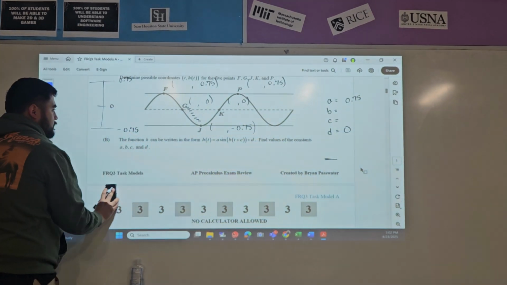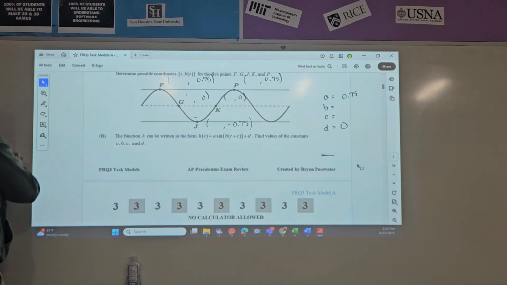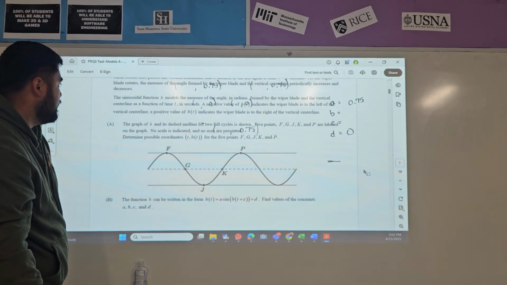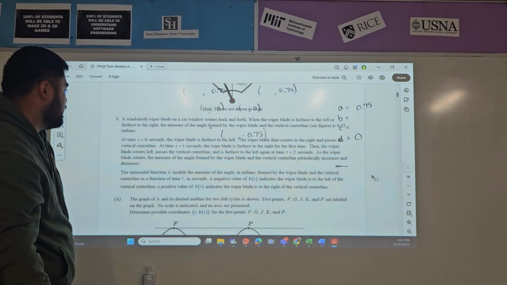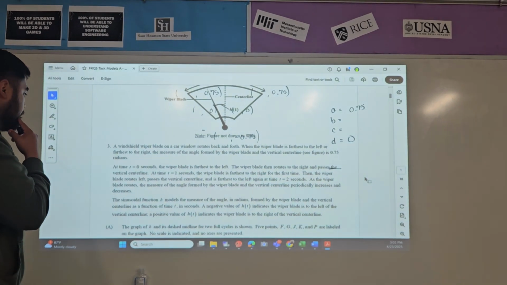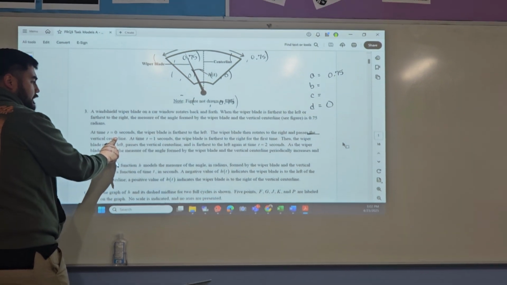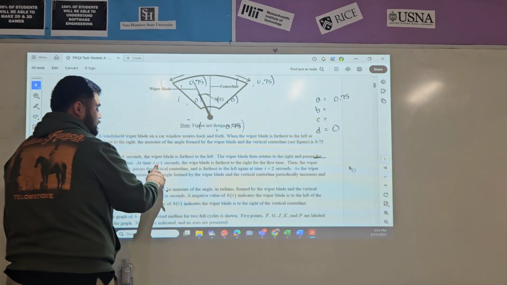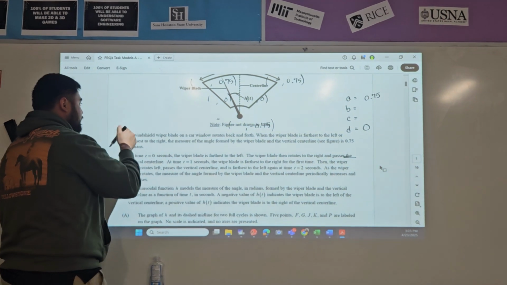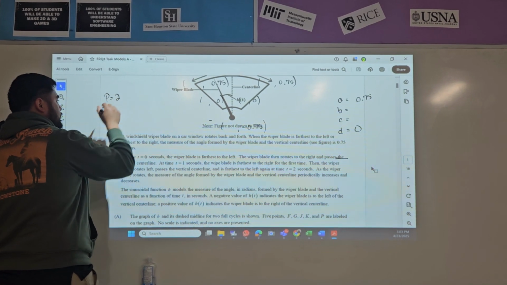So let me erase this real quick. Let me erase this, and this. So now, if I go back over here to the graph, and actually the text, and try to read this, it's telling me I'm starting at the left at timer equals 0, and when I go to the right, then my timer is 1, and if I go back to the left, the timer is 2, meaning that the period is 2 seconds.